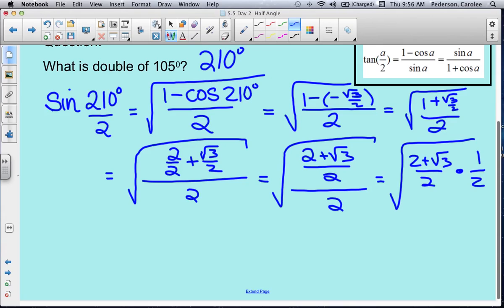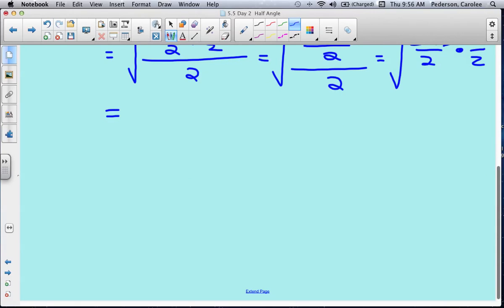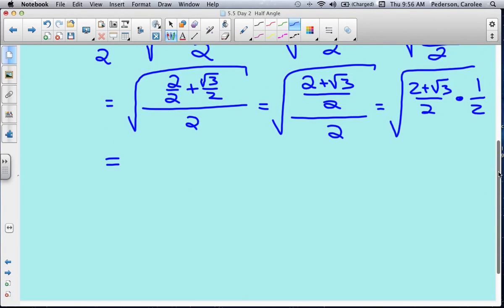Now we can multiply across. In that numerator, we're still left with the same numerator, since we're just multiplying by 1, and then 2 times 2 is 4.